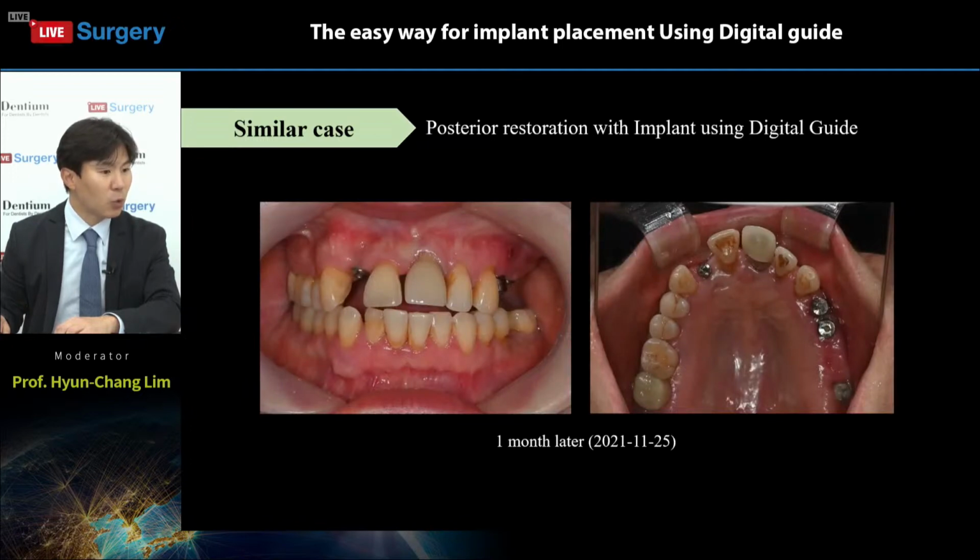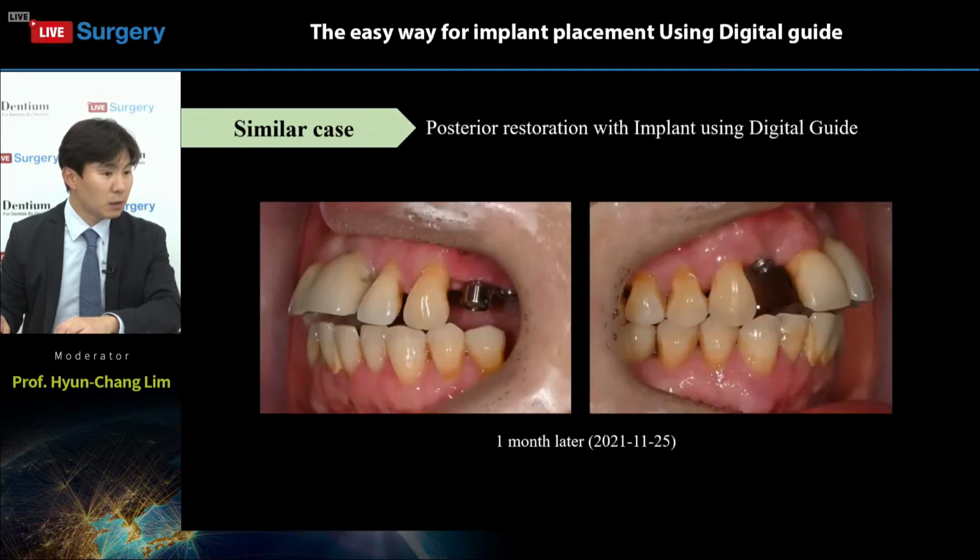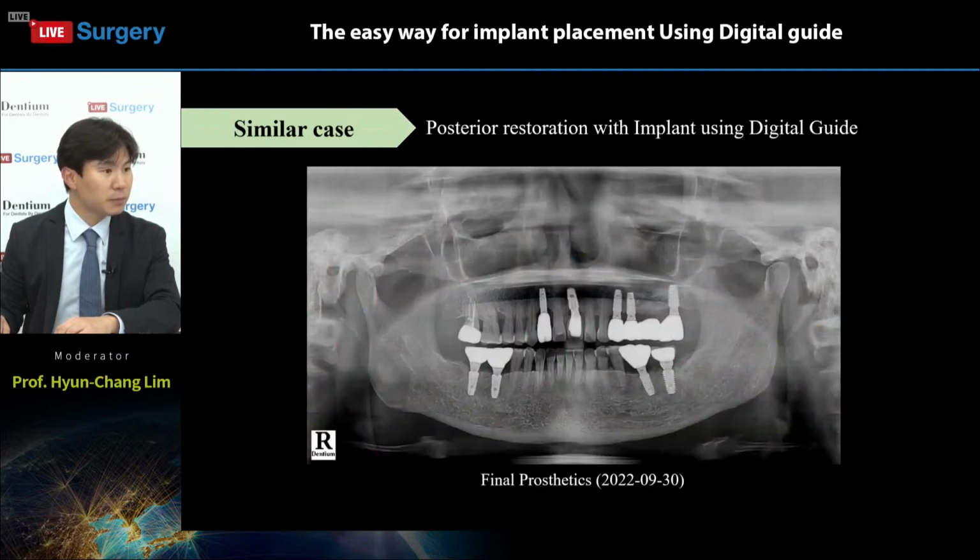This is the healing after 1 month. And this is the healing after 1 month. And this is a panoramic radiograph after completion of the implant treatment. This panoramic radiograph was taken at 1 year after the surgery, and you can see the very stable marginal bone level on the implant area.